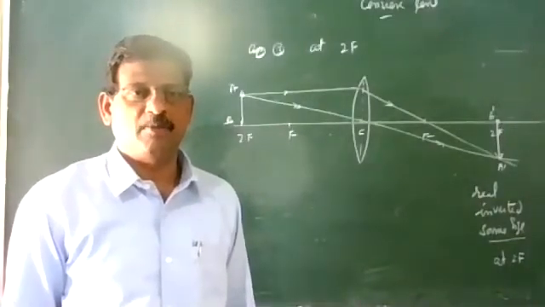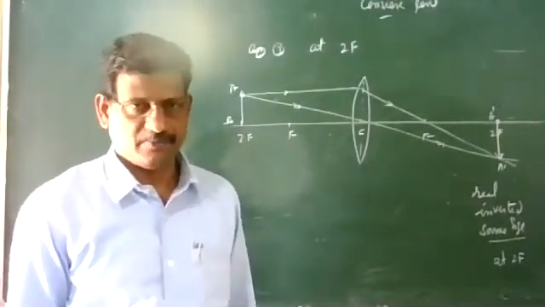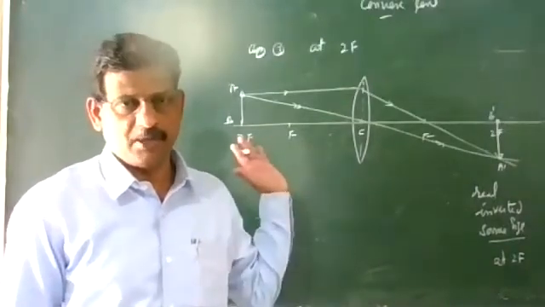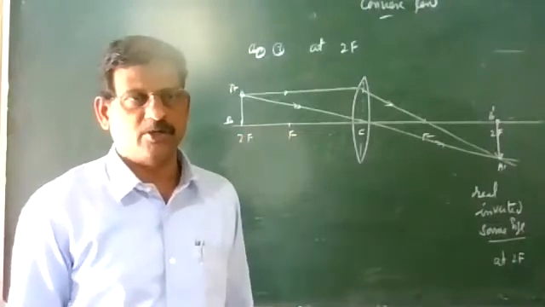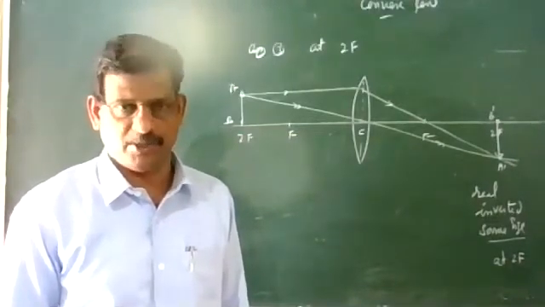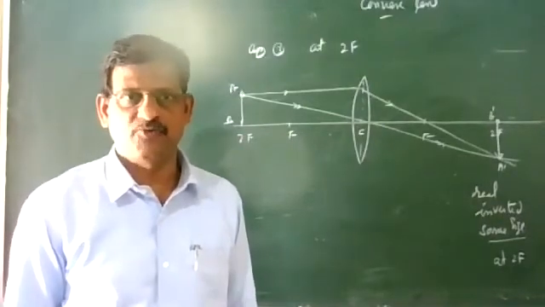Okay, you can bring the object a little more closer. Then what will happen? If you are bringing the object more closer, the size of the image will increase. It will be a magnified image, enlarged image. So that will be Case 4.